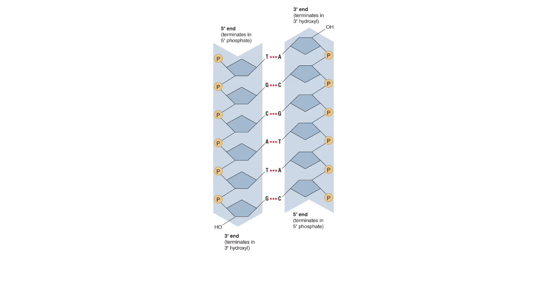So if you look on the left side with the arrow pointing down, and pick any one of those little pentagon-shaped sugars, you will see pointing upwards and to the left is a phosphate, and downwards to the left is a phosphate.